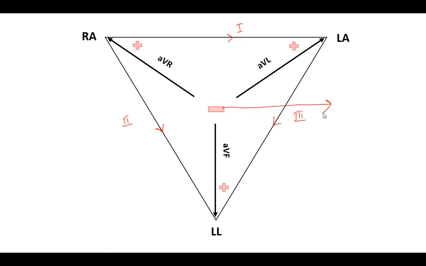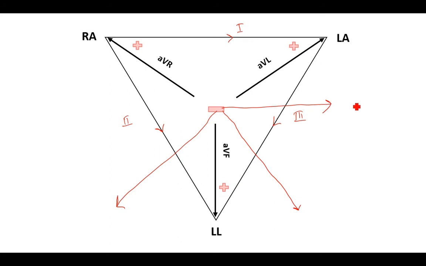If we draw a parallel line for lead 2, it will be in this direction, and if we draw a parallel line with lead 3, it will be in this direction. Okay, now you have got directions of all the leads that are located in the frontal plane or the coronal plane.